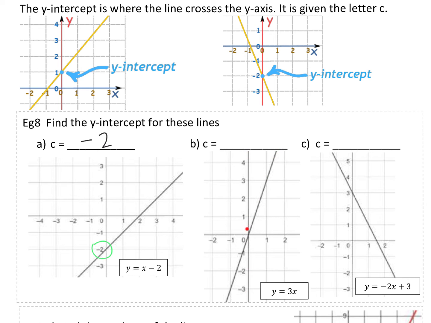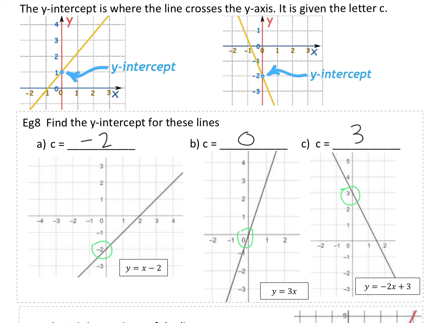The line cuts the y-axis at the origin, 0, 0. We're reading off the y value, and the y value would just be 0. On part C, we've got our y-axis, and the line cuts the y-axis here at 3. So the y-intercept, or C, is 3.